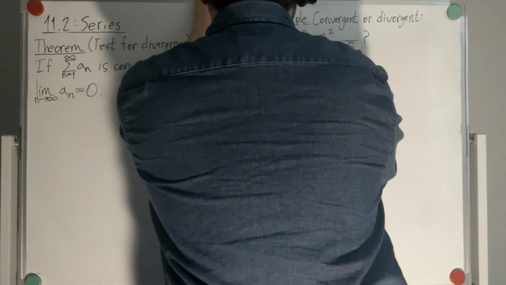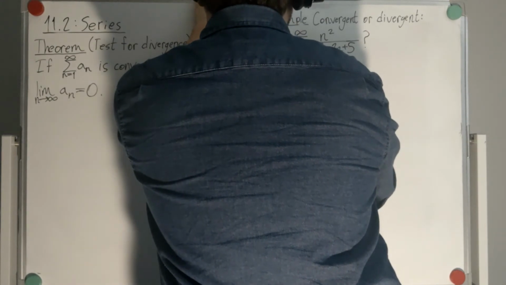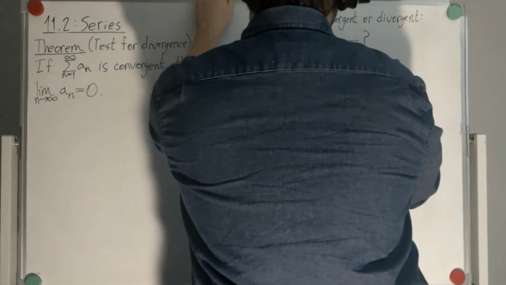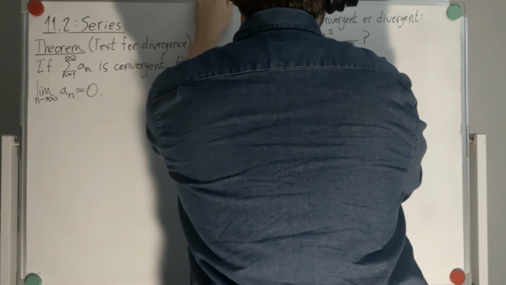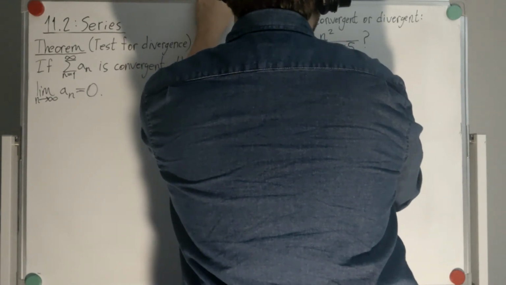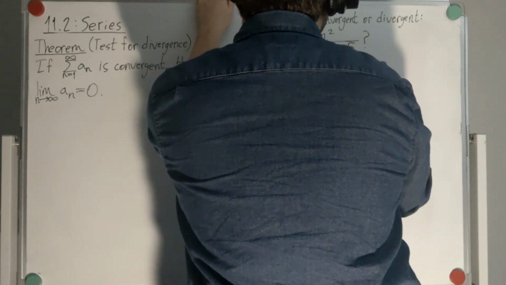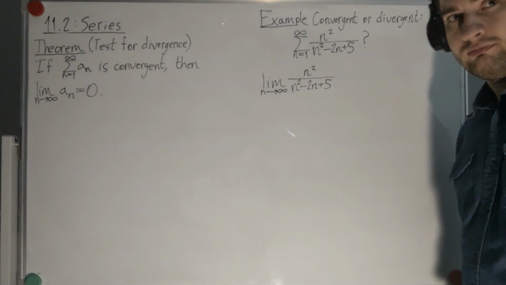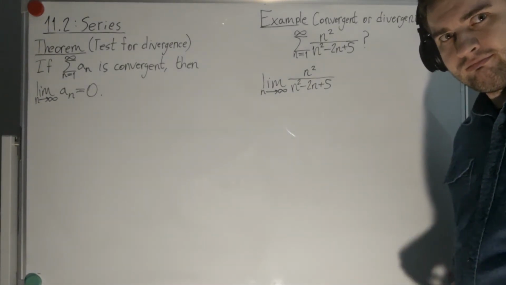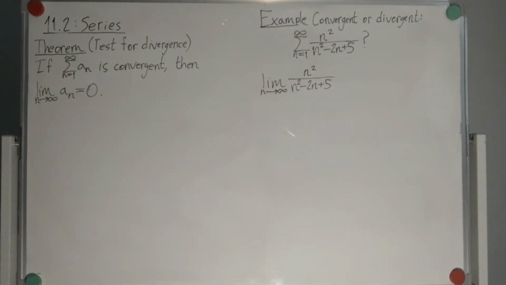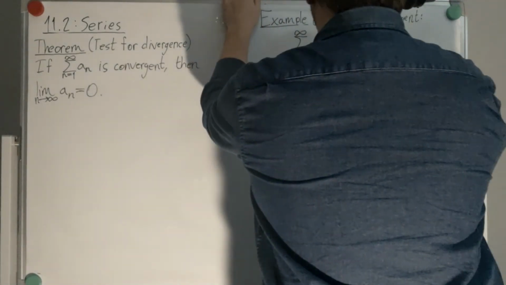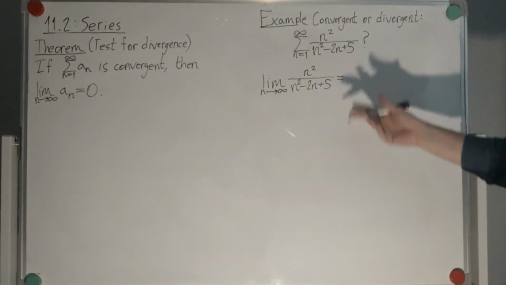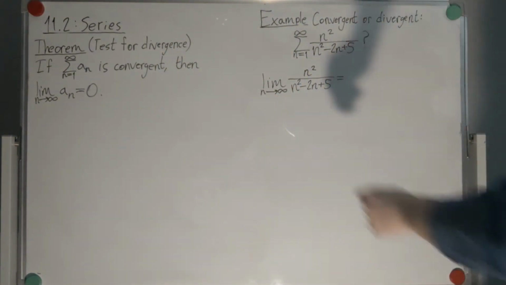Let's examine the limit as n approaches infinity of the nth term of this series, which is n squared over n squared minus 2n plus 5. I want to know, as n approaches infinity, what does this approach? Well, we can divide top and bottom by n squared, just like in Calculus 1.